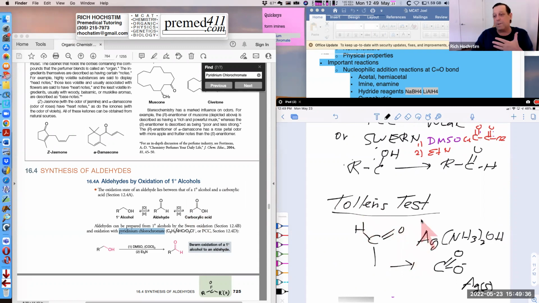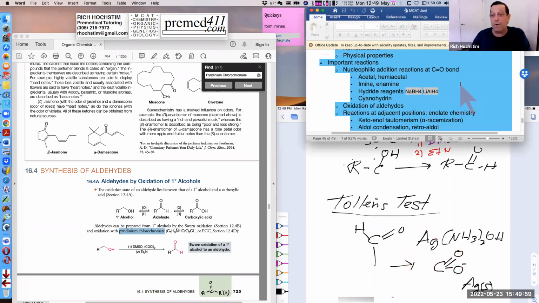And it will tell you what is a reducing sugar. A reducing sugar is something that reacts with Tollens test. So we're not going to actually go there now, but we will say that you will get a positive test, silver precipitate, when you use silver and base on an aldehyde. Okay, so we've gotten that taken care of with a little trouble.